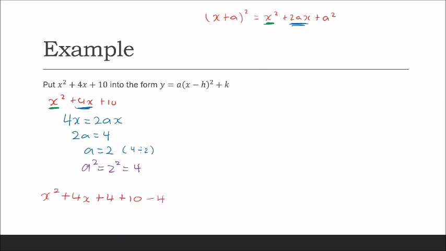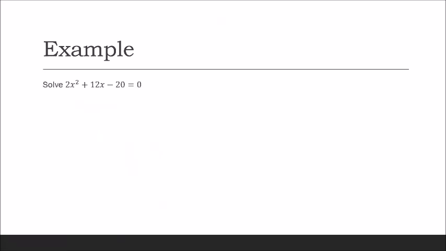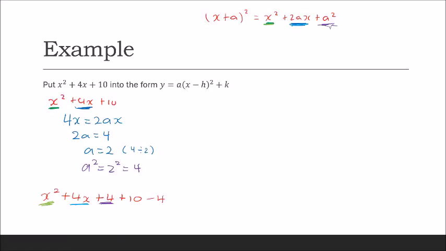Let's have a look at this now. I've got my green, my blue, and then my purple, which is my plus 4, my a squared. So now I have those three things. Instead of writing x squared plus 4x plus 4, another way of writing x squared plus 2ax plus a squared is (x + a) squared.